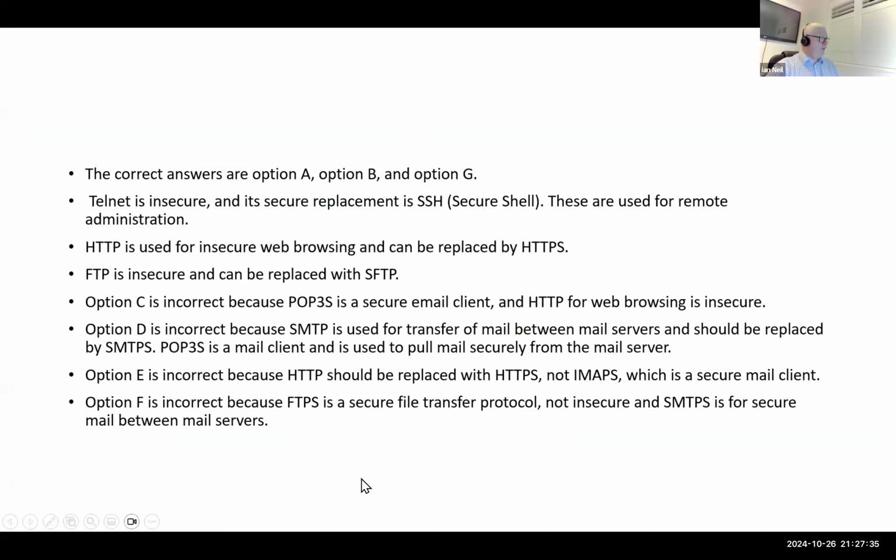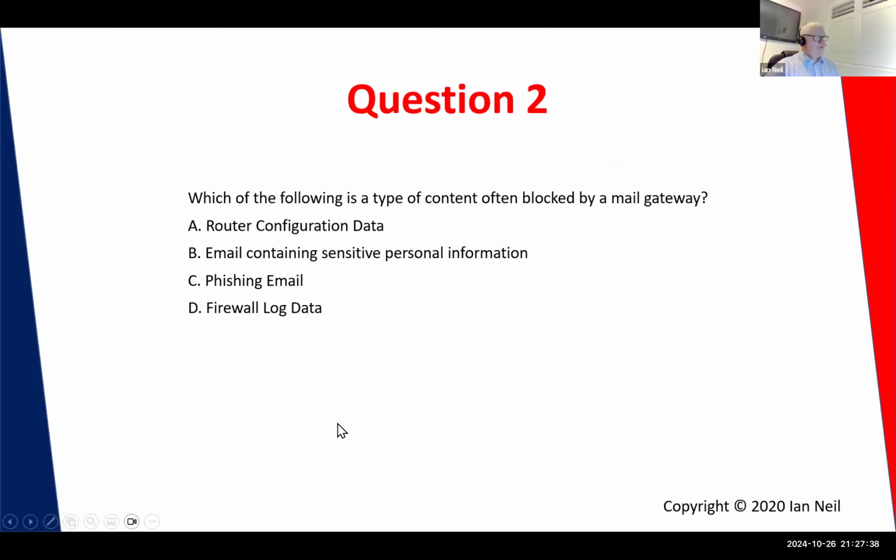Now, let's look at another one. This is easy. Which of the following type of content is often blocked by a mail gateway? What do you think? It's definitely C. Yeah, no, because which of the following type of content is often blocked by a mail gateway?